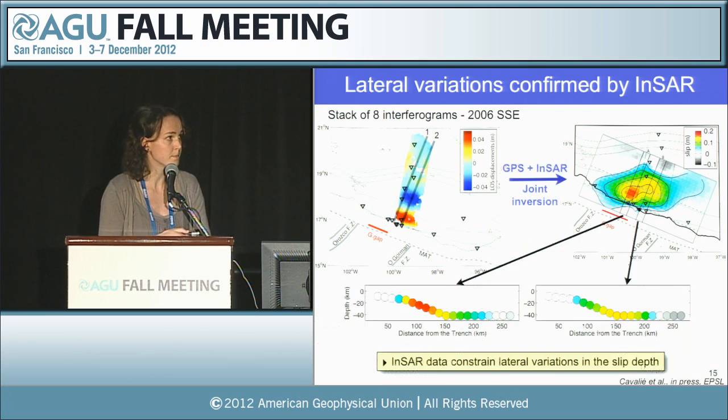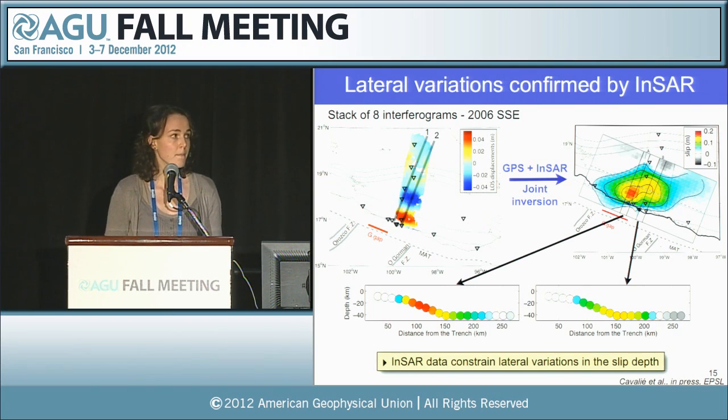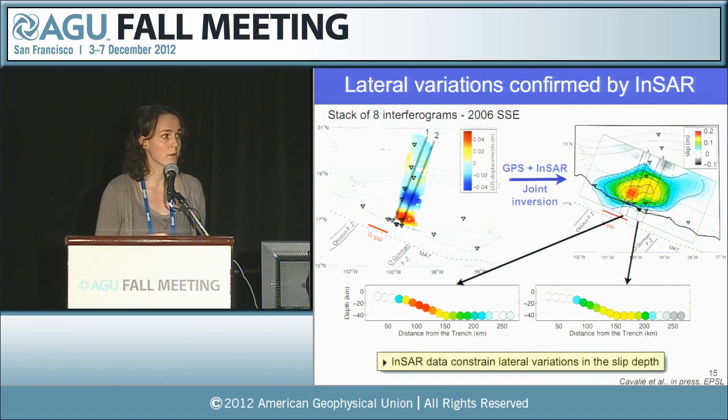If we look at cross-section, we can see that in the Guerrero gap, we still have the same feature with important slip at shallow depths. And on the east of this Guerrero gap, we have a patch of deeper slip. So the InSAR data helps constrain the lateral variation in the slip depths.